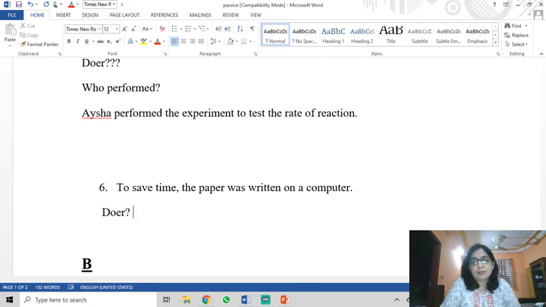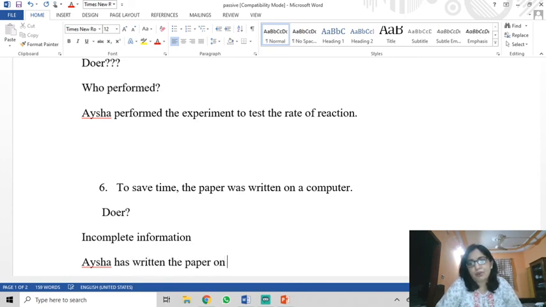So it is showing incomplete information. So you have to say, let's say, Aisha has written the paper on computer to save her time. Now this is complete information.